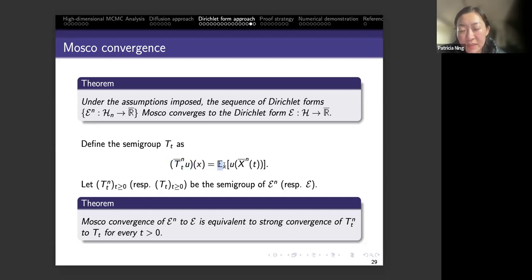This is given by the expectation under x of u(X_t). Let T_n be the semigroup of E_n and T be the semigroup of E. So the Mosco convergence of E_n to E is equivalent to the strong convergence of T_n to T for every t.